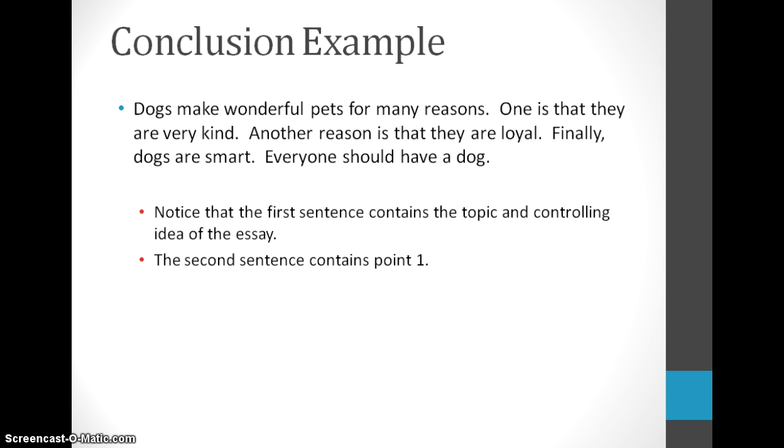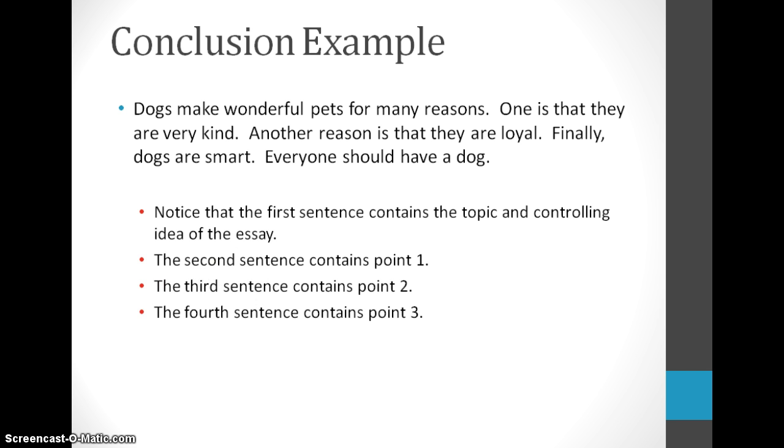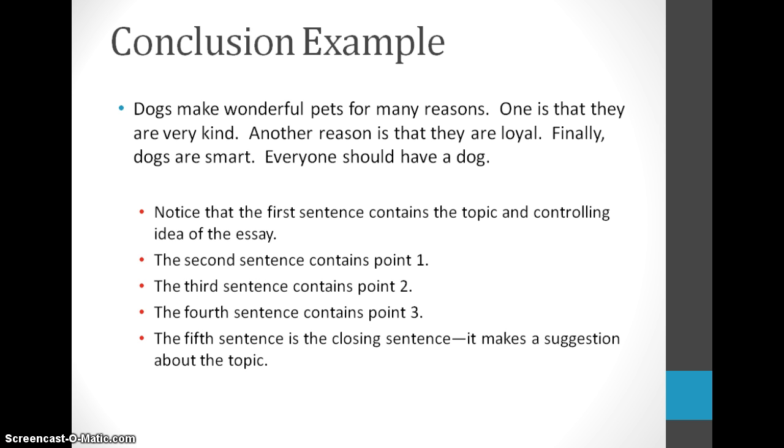The second sentence talks about point 1 from the thesis, that dogs are kind. The third sentence talks about point 2, that dogs are loyal. The fourth sentence talks about how dogs are smart, which is the third point from the thesis statement. That's the thesis restatement using new words. Then the 5th sentence is the closing sentence. It suggests something about the topic, that everyone should have a dog.